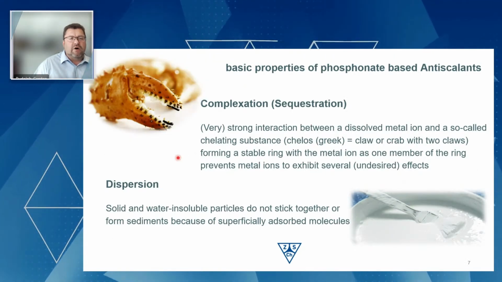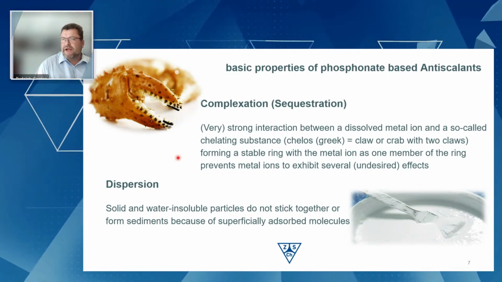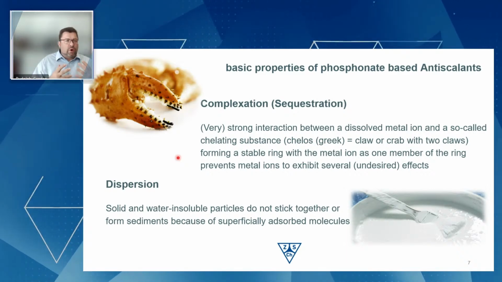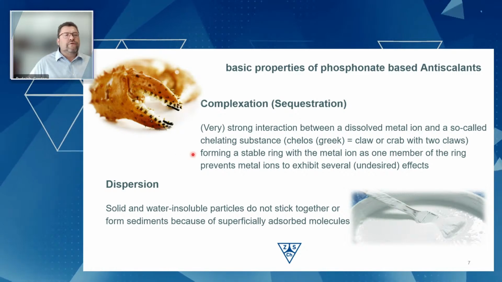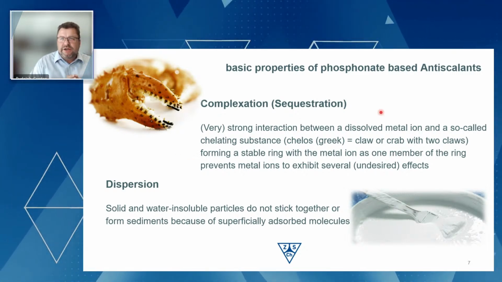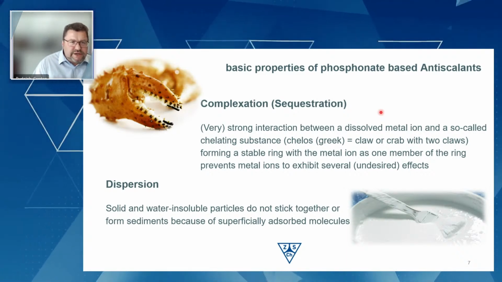So when we speak about complexation or sequestration, this is a topic which is not touched that much in the traditional field of water treatment, but it is more important for cleaning application. Here we touch reverse osmosis, the cleaning intervals, for example.